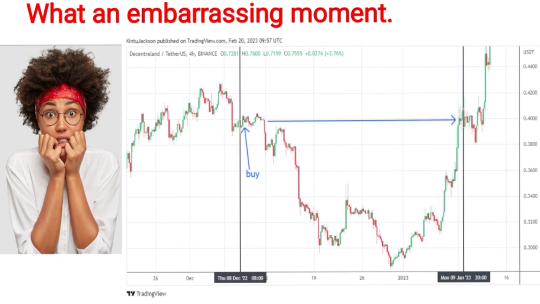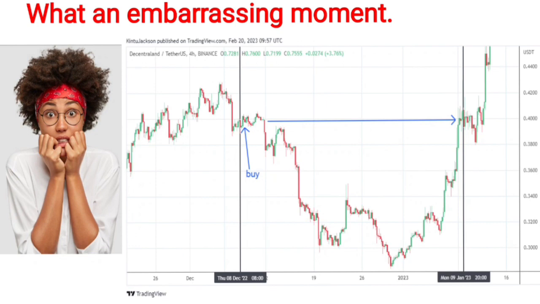Then after exiting, you could again enter at this point after the market has dipped, and take your profits right here at the end of this big run. Then you could again enter right on this point. You could enter again right at this point and take your profits on top there.